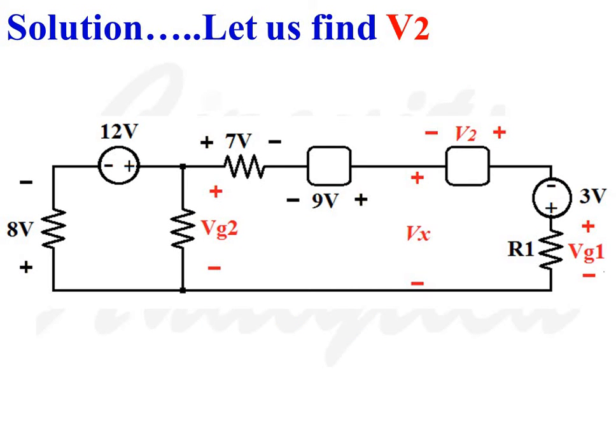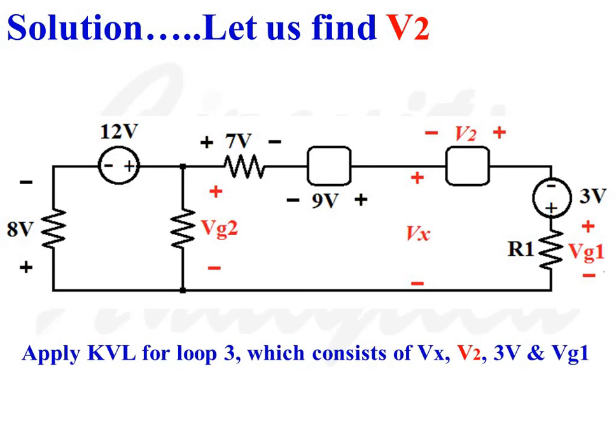Now let us find the third unknown term V2. To find V2, we have to apply KVL to the third loop, which consists of Vx, V2, a 3 volt source and the voltage drop across resistance R1, VG1.